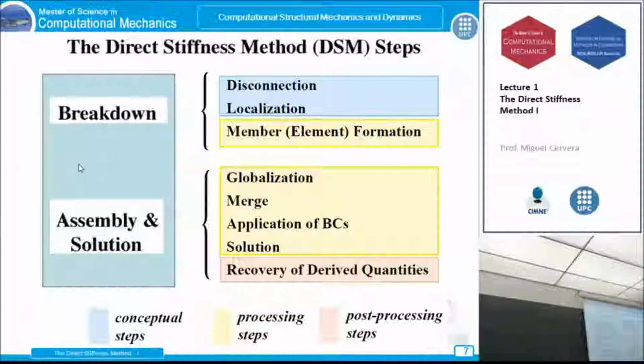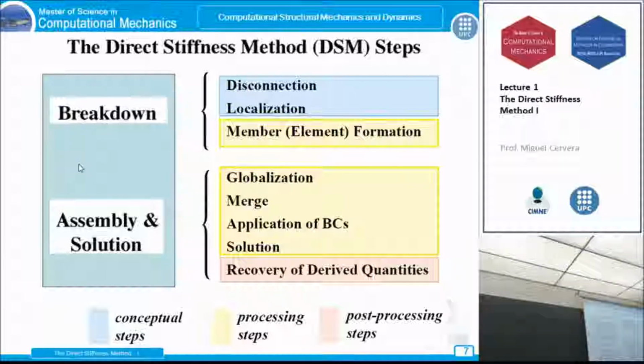You will see what I mean by conceptual steps. You don't actually do anything. It's something that you think of, the members of the elements as separated. It's not that you have to do separating them. Then this in yellow is the actual process steps that you do, and then in orange, this is a post-process.